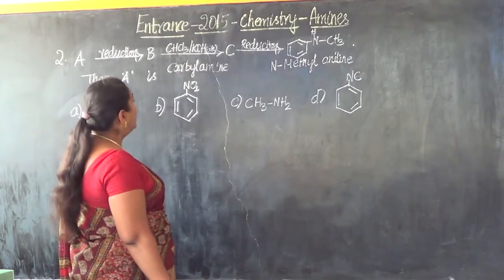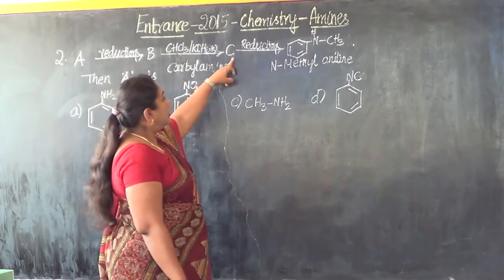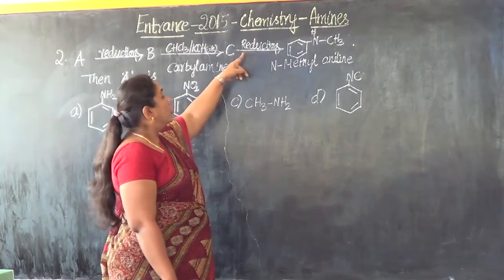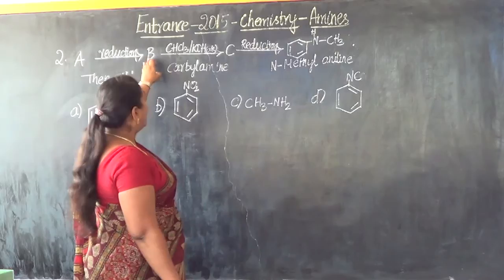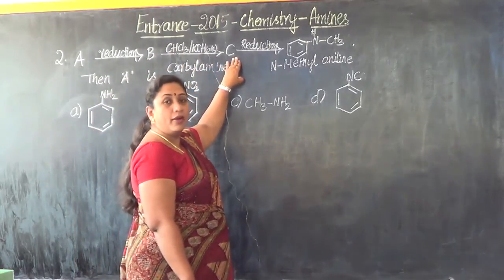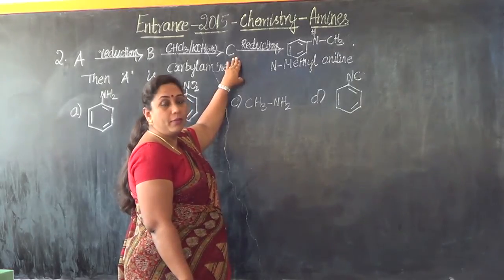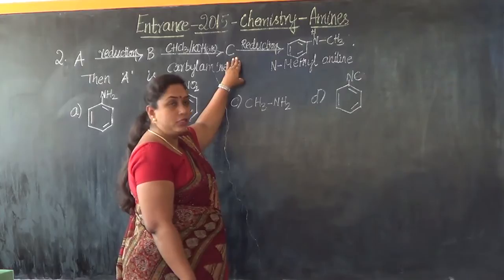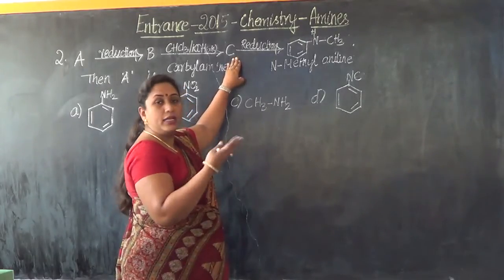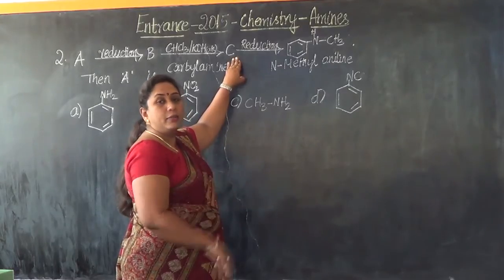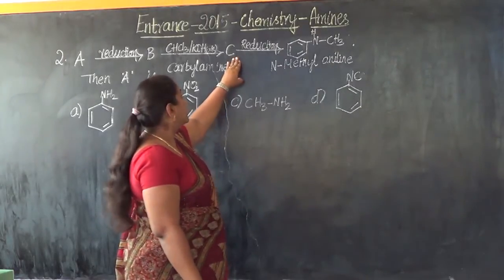Furthermore, C is obtained, and C is subjected to reduction. What product do we obtain from a primary amine? They will form a foul smelling compound, namely isocyanide. If isocyanide is obtained by the carbylamine reaction, it indicates the presence of a primary amine.